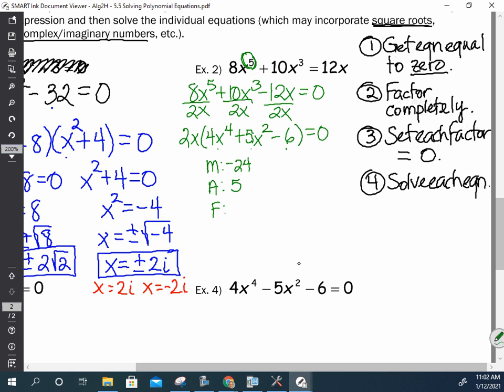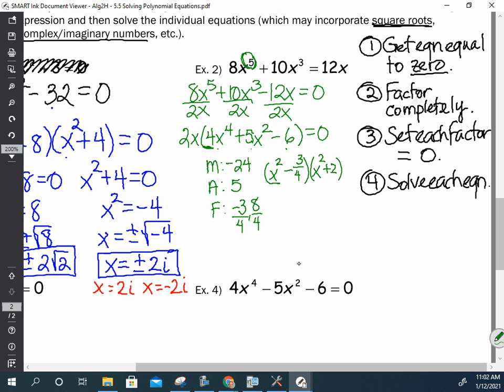Negative 3 will work, paired up with positive 8. Since your leading coefficient is 4, we're going to be dividing by 4. So that gives us x squared minus 3/4 and x squared plus 2.